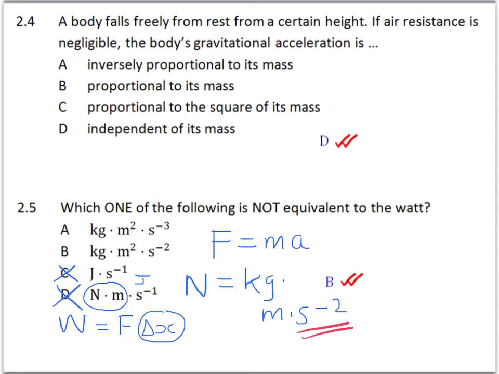So we need an extra factor of s to the minus 1. So A, with this extra factor of s to the minus 1, giving us overall s to the minus 3, is correct, and that means we exclude it as an option to this question, because this question is looking for something that is not equivalent to the watt, leaving B as the only choice.